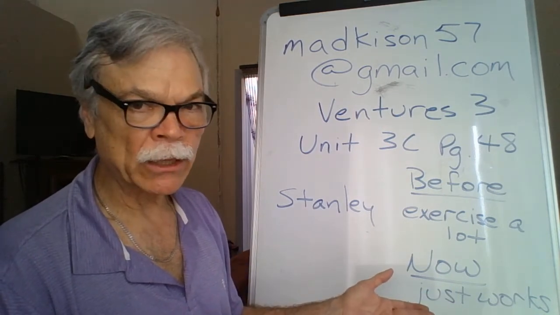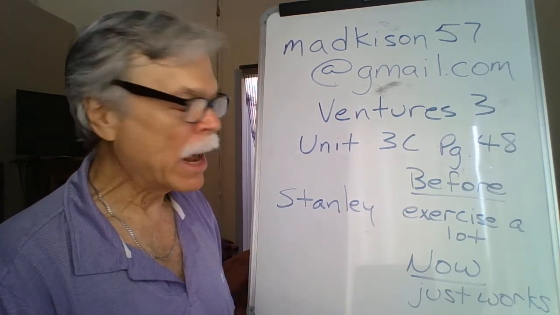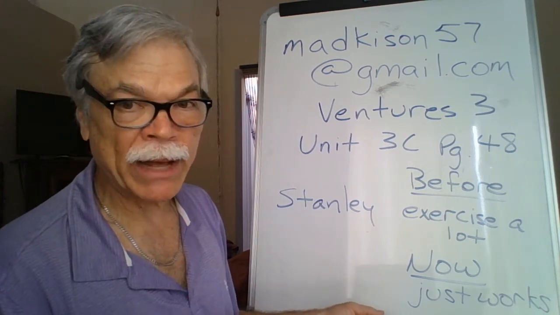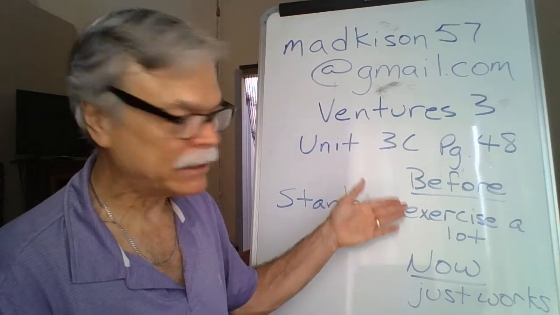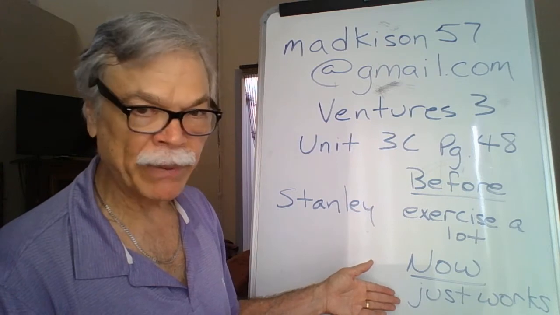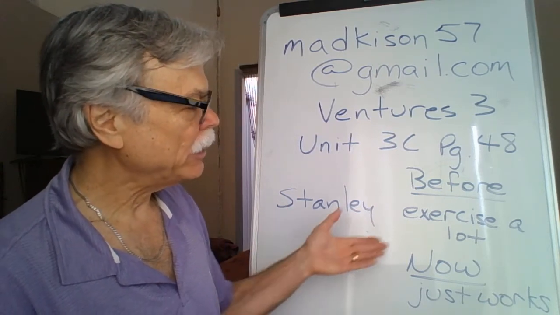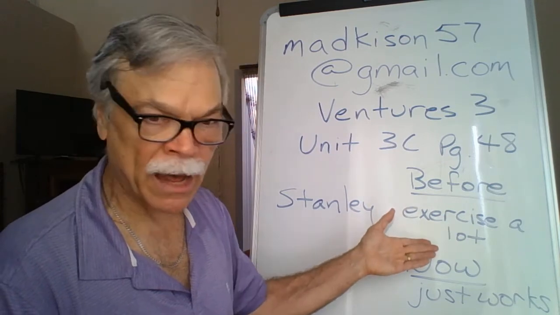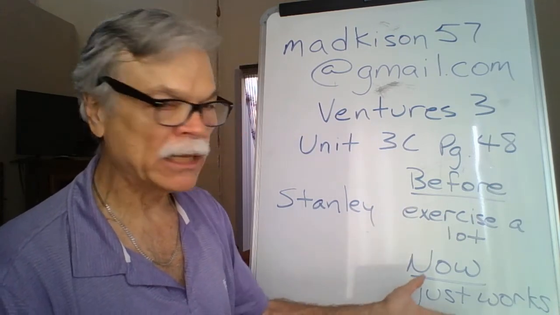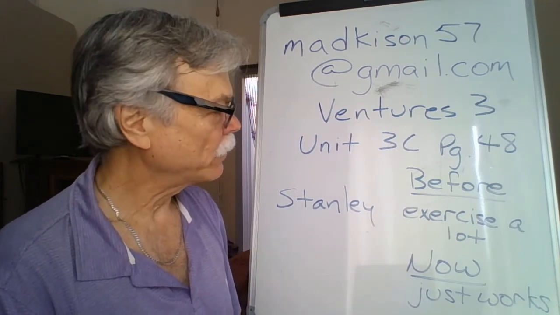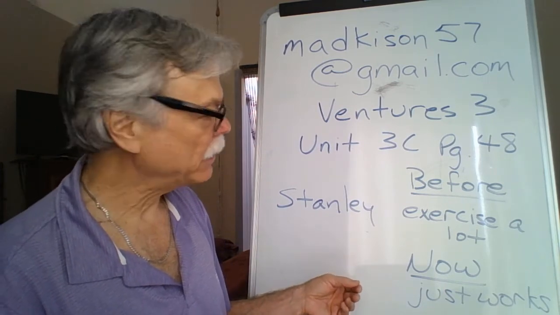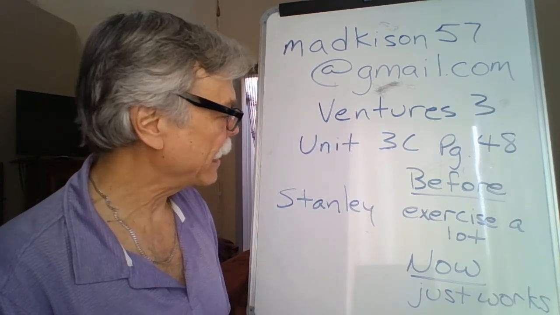So if I want to make a statement about Stanley's activities in the past and compare them with what he does now, I could say Stanley used to exercise a lot, but now he just works. So this is an example of using the words used to in a statement.